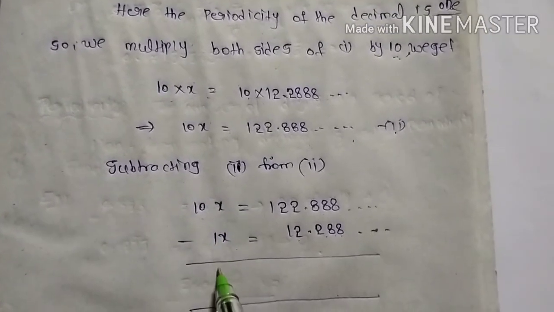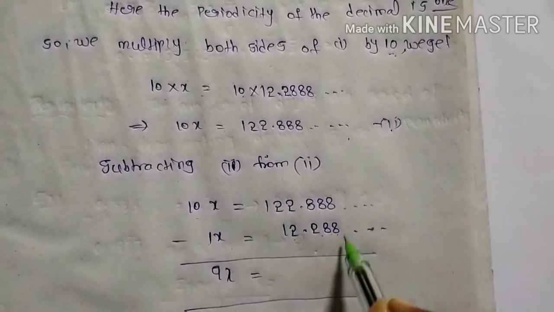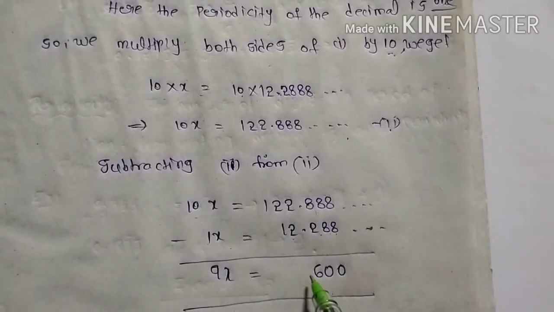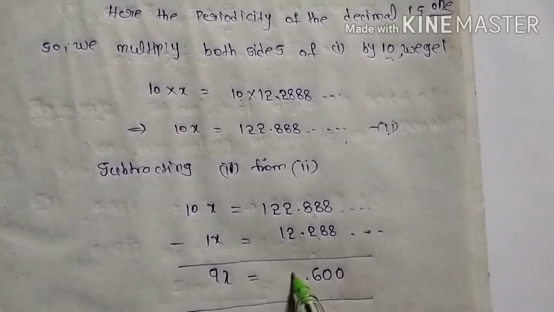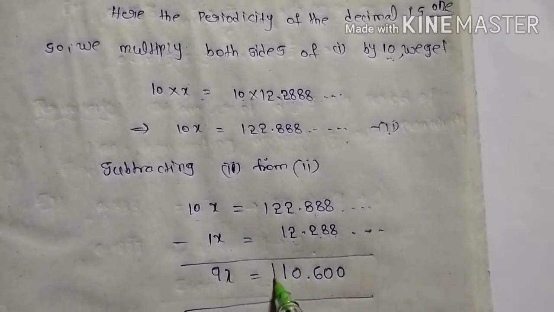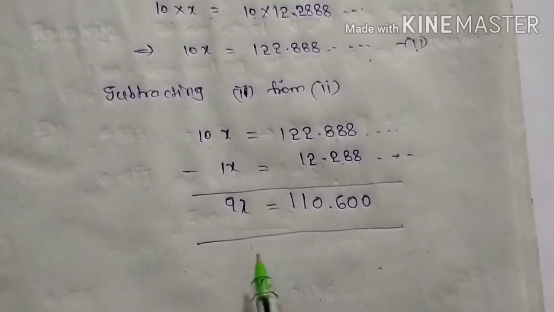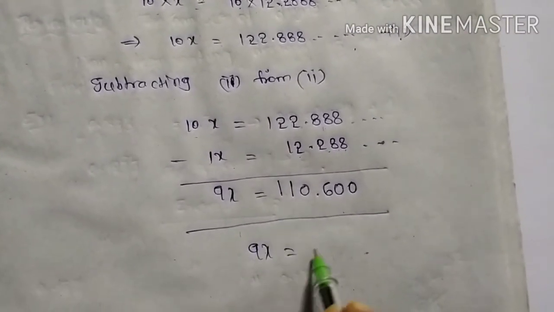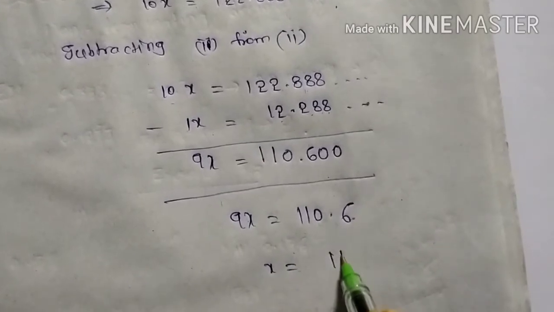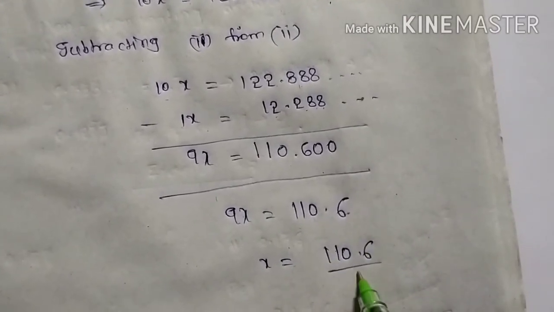10 minus 1 is how much? 9x is equal to... see here, 8 minus 8 is 0, 8 minus 8 is 0, 8 minus 2 is 6 only. Here, 2 minus 2 is 0. 2 minus 1 is 1 only. Here 1 only. That means we can write 9x is equal to 110.6. That means x is equal to, can I write 110.6 by 9, or not?